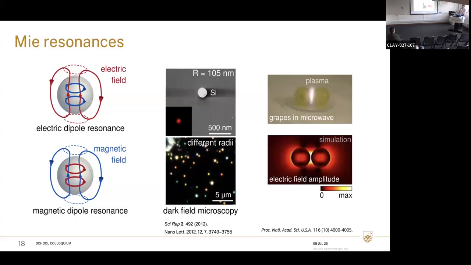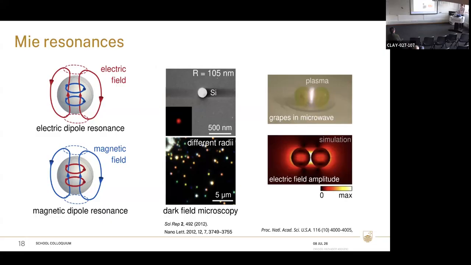If we have a particle and wavelengths comparable to the size of the particle, we will have Mie resonances. Such a particle can maintain two types of resonance: electric dipole resonance and magnetic dipole resonance. So in optics, that means that at these resonances they will scatter with different wavelengths.